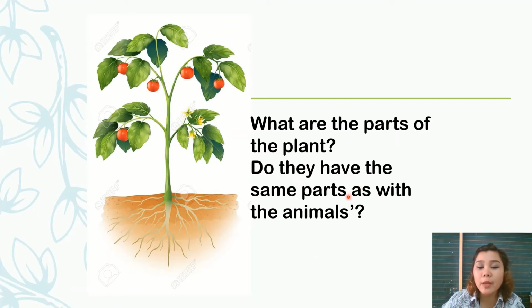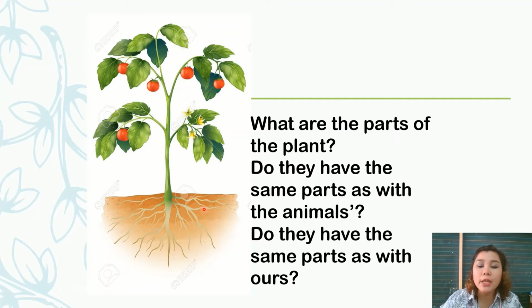Do they have the same parts as with the animals? Because we have discussed the different animal parts, we are also going to compare, pareho ba siya with the plants? And also another question to be answered, do they have the same parts as with ours? We talked about the human body parts, so we have to also compare if these are also same with ours.